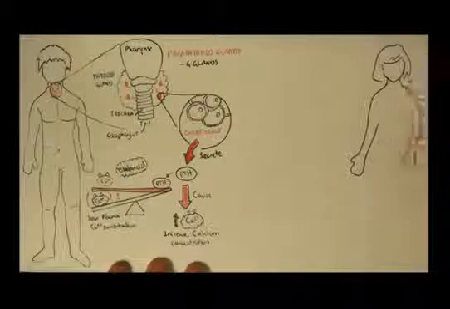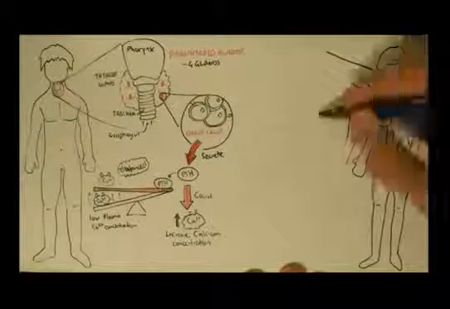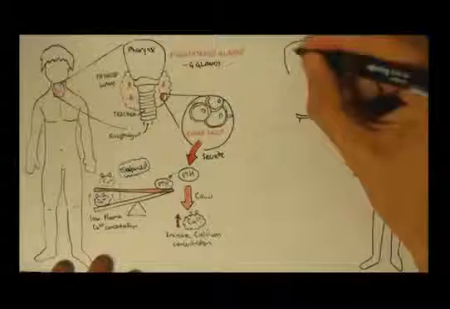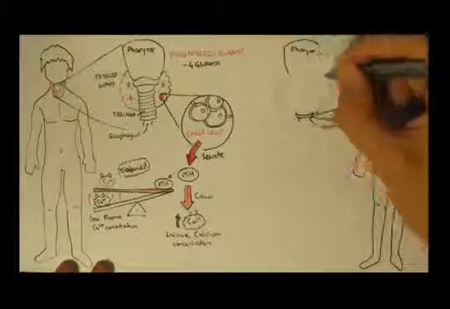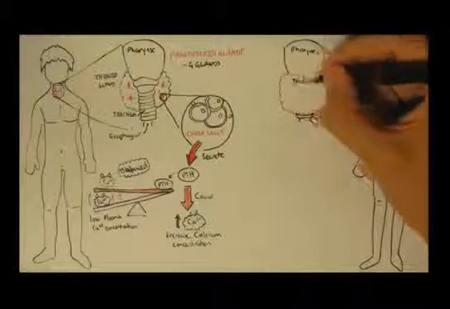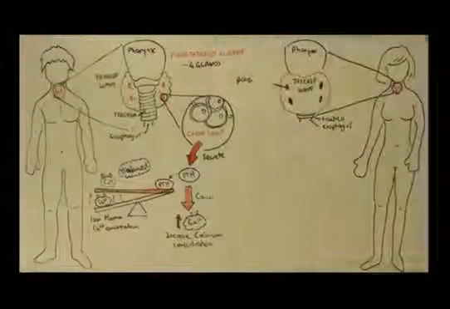Now let's look at the second hormone. Calcitonin is also a polypeptide hormone, which comes from basically right next to the parathyroid gland, and is referred to as the thyroid gland. So here again we have the same area. We have the pharynx, trachea, and the esophagus. Here is the thyroid gland, and right next to it, as mentioned, is the parathyroid gland, here drawn in black dots.